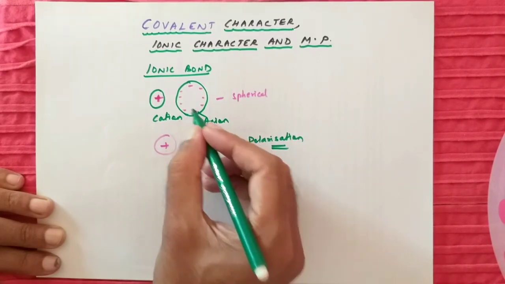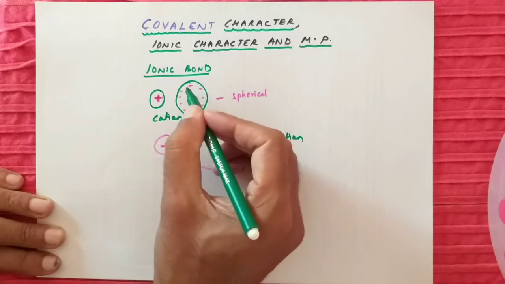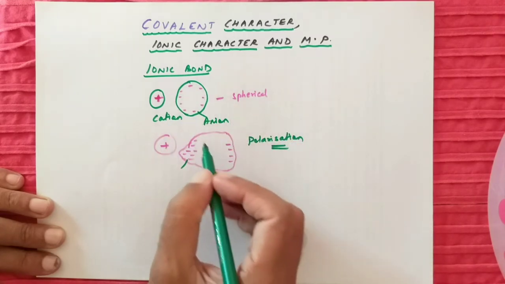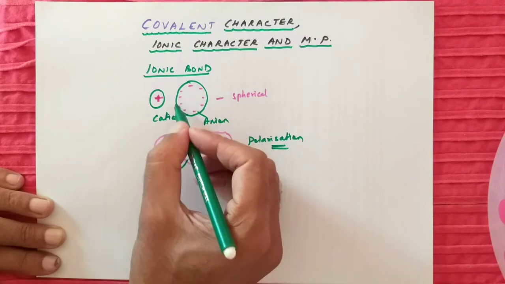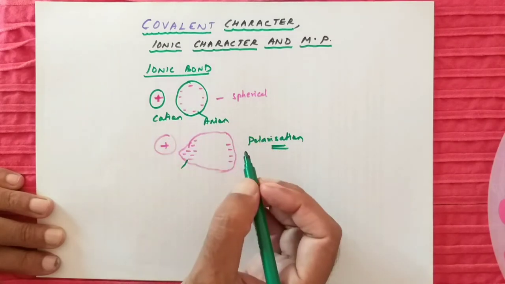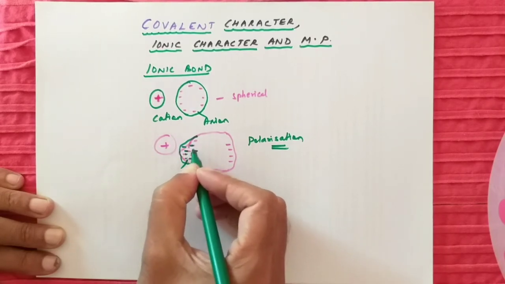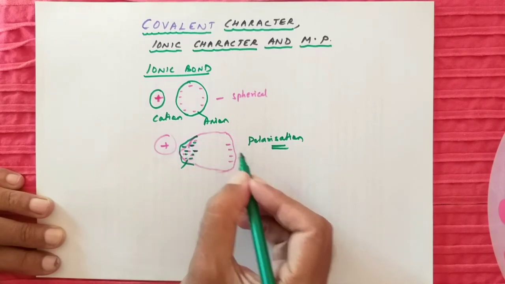So which will undergo polarization? What is polarization? Initially the electrons were evenly distributed and the shape was spherical. Once the cation starts pulling the electrons from the anion, the spherical shape will change, with more electrons present on one side and only a few on the other.